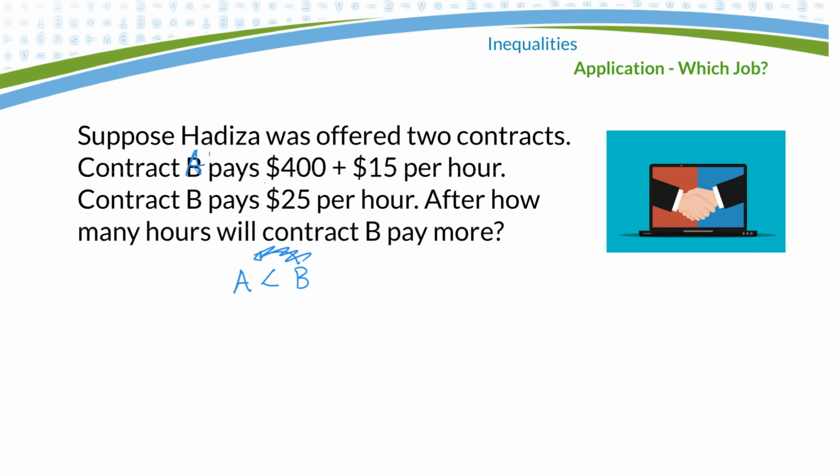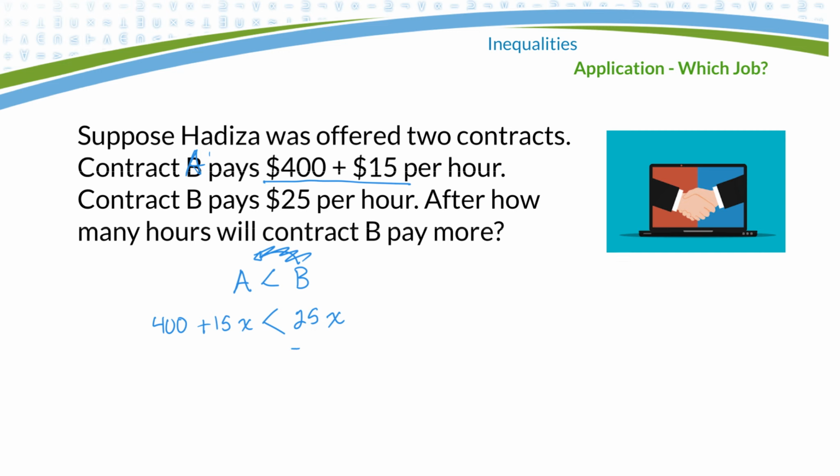Okay, so that's the inequality I want. So I look up at A, and you get $400 just for showing up, plus you get $15 for every hour that you work. We'll use x for hours. When is contract A less than B, which is just $25 an hour, so 25x, 25 times the number of hours.